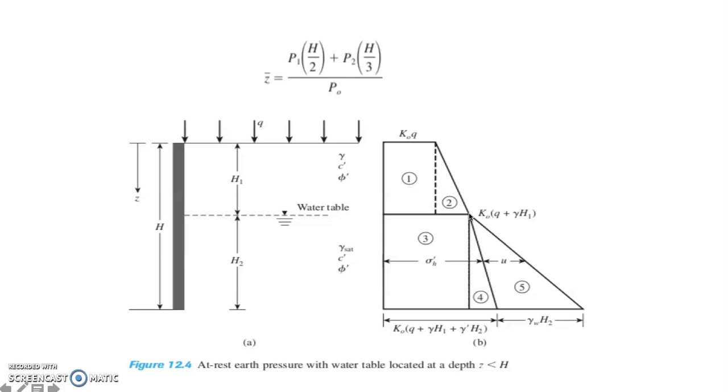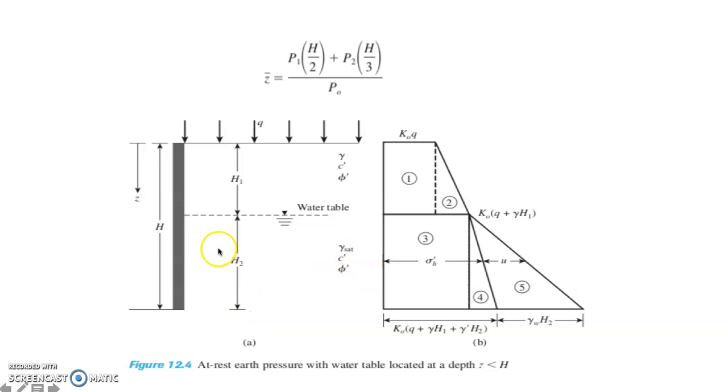Then afterwards, at Z equal to H2, our sigma O is equal to gamma times H1 plus Q, because we have a surcharge, plus gamma minus the unit weight of the water, since this is saturated, times H2.